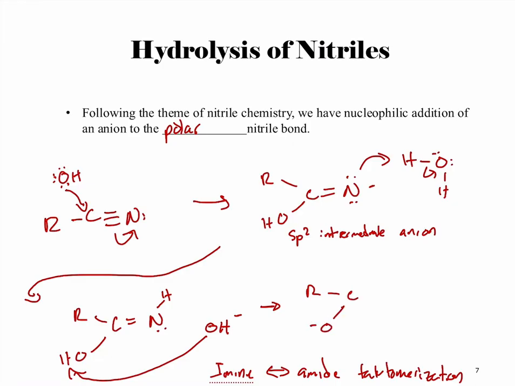We have this minus charge on this oxygen now, this lone pair here. And what can happen is then we move the electrons into the bond between these two, and simultaneously we put a minus charge on this nitrogen, and these two are interconverting between the two.